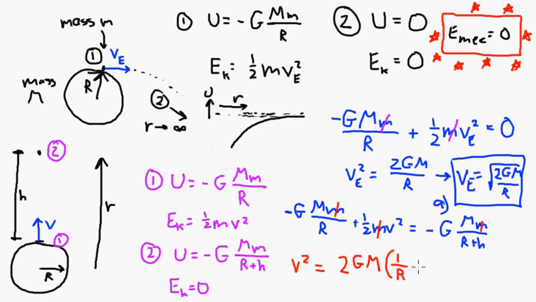I'm skipping steps, and I encourage you to do this explicitly yourself. I brought this over, and then factored out the G and M, this being a positive 1 over R, so it's still minus. Okay, I've got it.